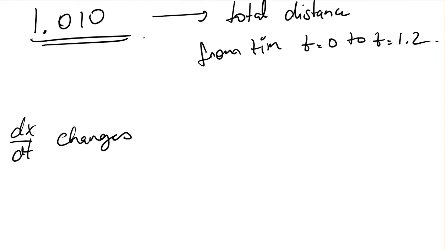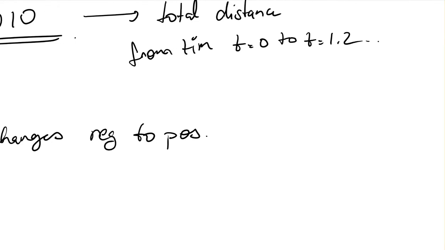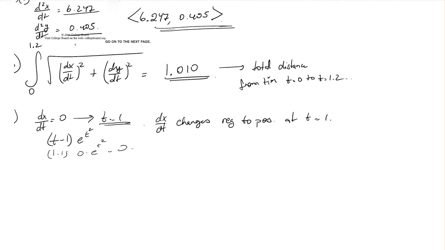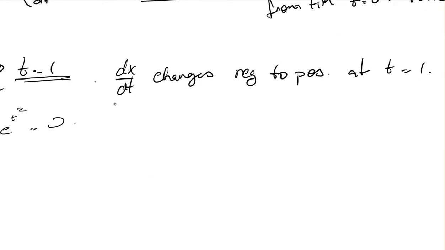That means the position function would change from decreasing to increasing, because if you plug in values a little bit bigger than 1 and a little bit smaller than 1, you get negative to positive at t equals 1. It's also important to know that x(t) has a relative minimum, because it's going from negative to positive.